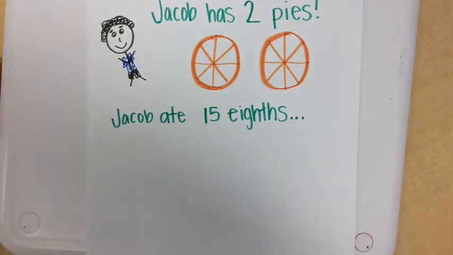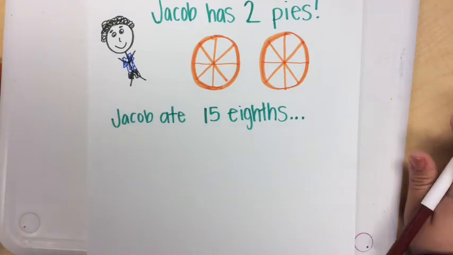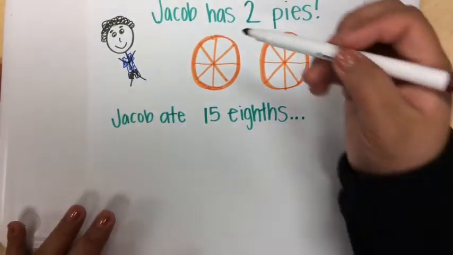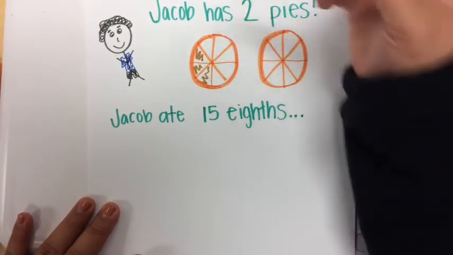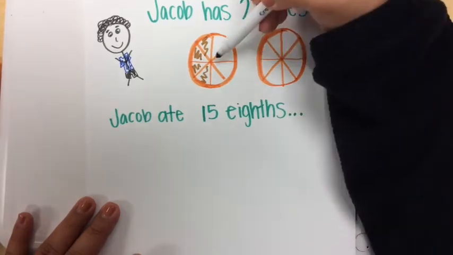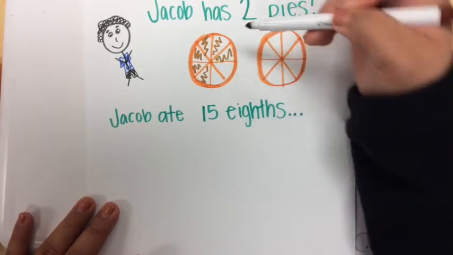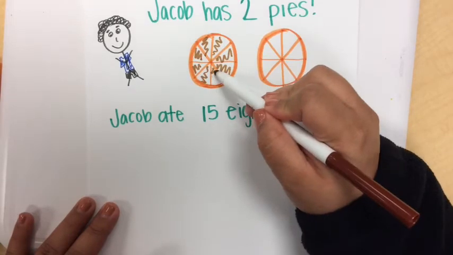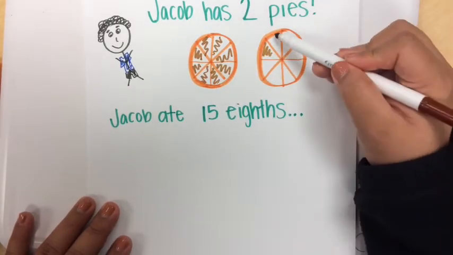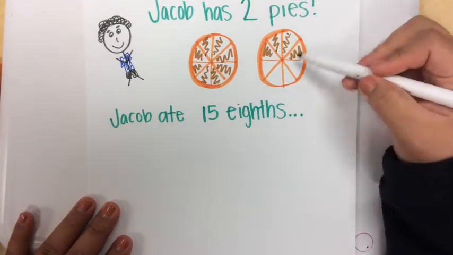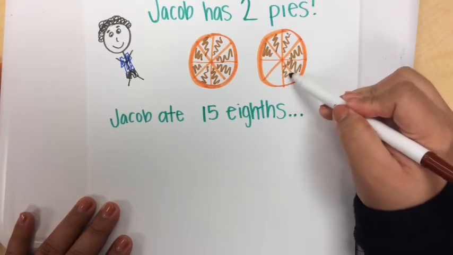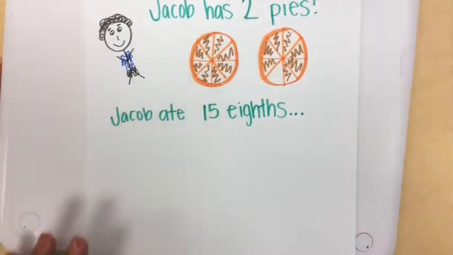All right, and if there were 15 eighths, how much do you think I'm shading in? How many equal parts? 15, perfect. So let's shade in 15. Eight, 9, 10, 11, 12, 13, 14, 15.